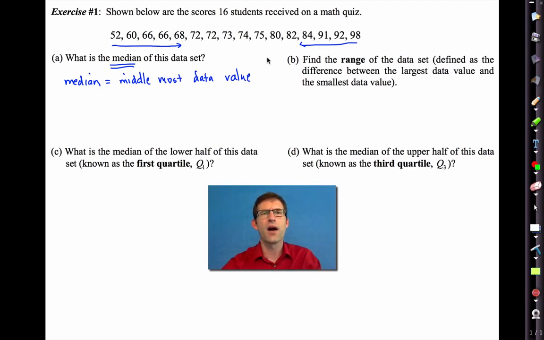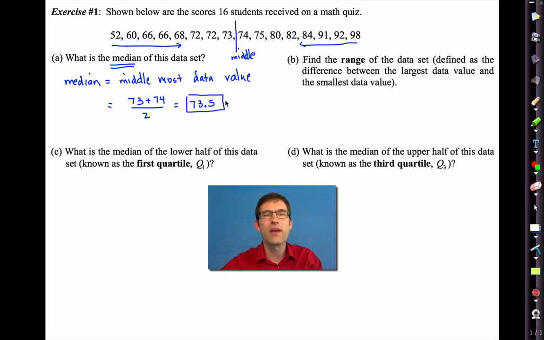But 16 is not odd, it's an even number. So in fact, 1, 2, 3, 4, 5, 6, 7, 8, right here is the middle. So what do we do when we have an even amount? Well, what we then do is we find the average of the two most middle data values. So in this case, the median is 73.5.